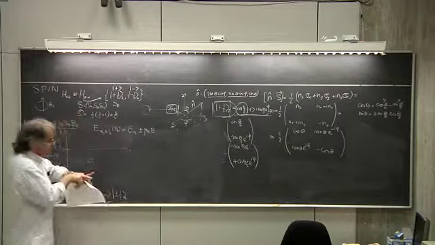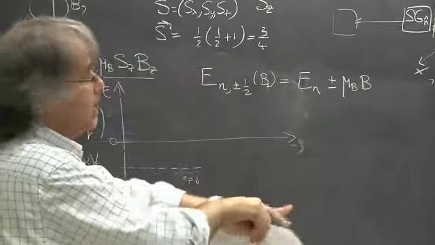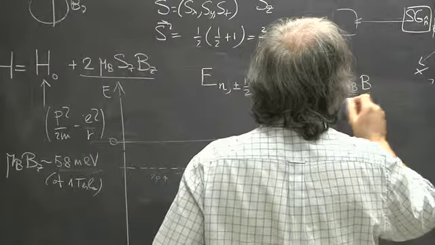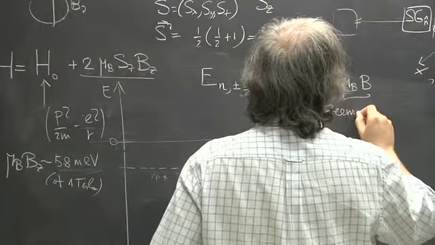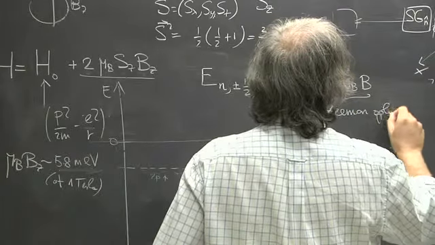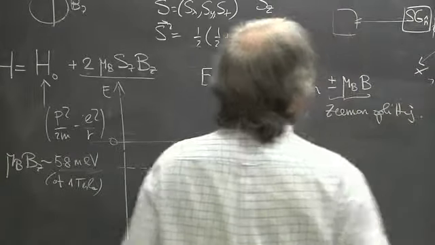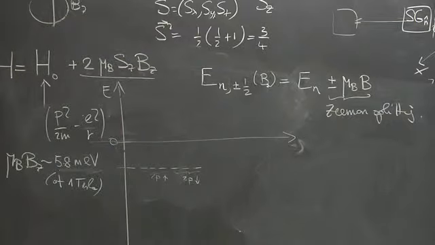In other words, there is a splitting that is linear in the field, and this splitting is called Zeeman splitting. So the field splits the energy levels due to the spin.